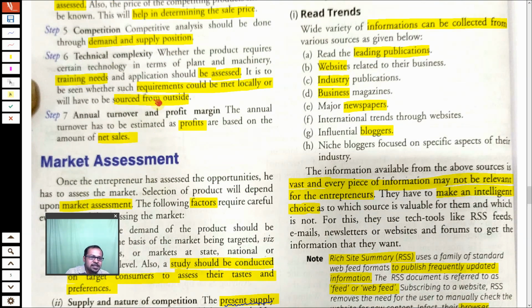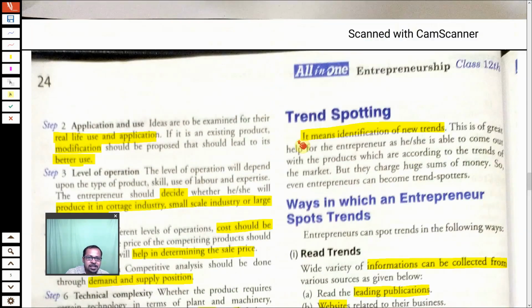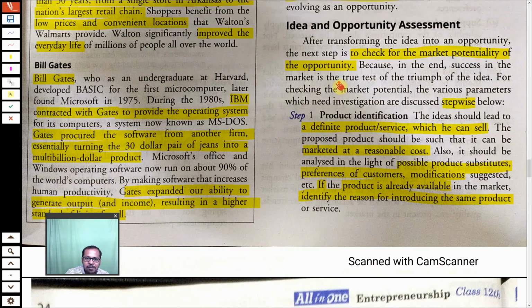So these are basically the steps which you need to follow in order to extract that opportunity, or to judge the potentiality of that opportunity.